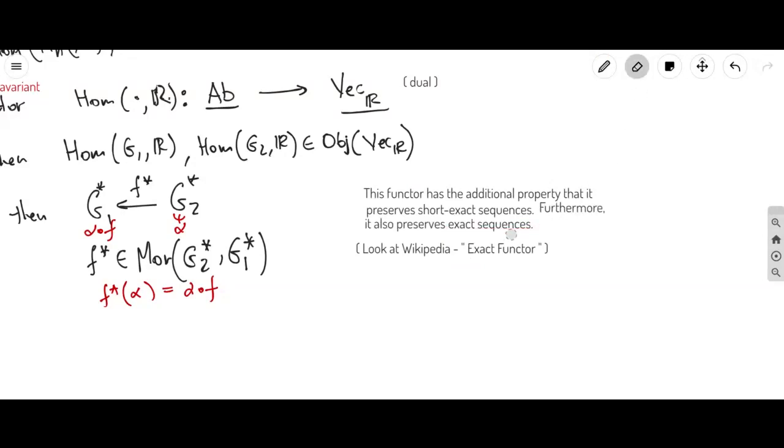But it happens to be the case, and it's a theorem in category theory, that if it preserves short exact sequences, then you can give a very nice argument showing that it has to preserve exact sequences as well. In fact, maybe I can bring it up right now just to show it to you.